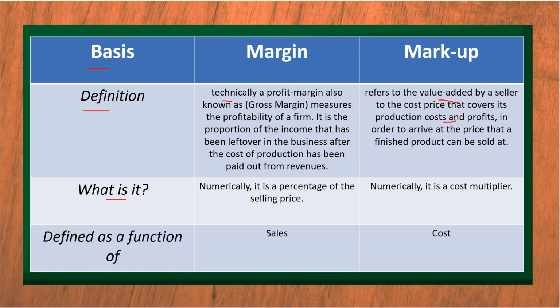Another one, the basis. What is it? For margin, it is a percentage of the selling price. Numerically, markup is a cost multiplier. Defined as a function of: in margin, it is sales, and in markup, it is cost.